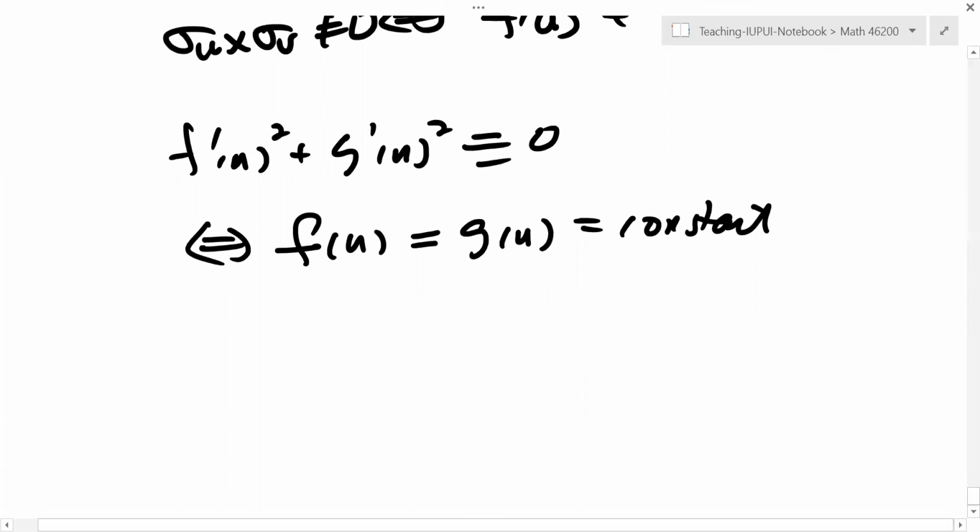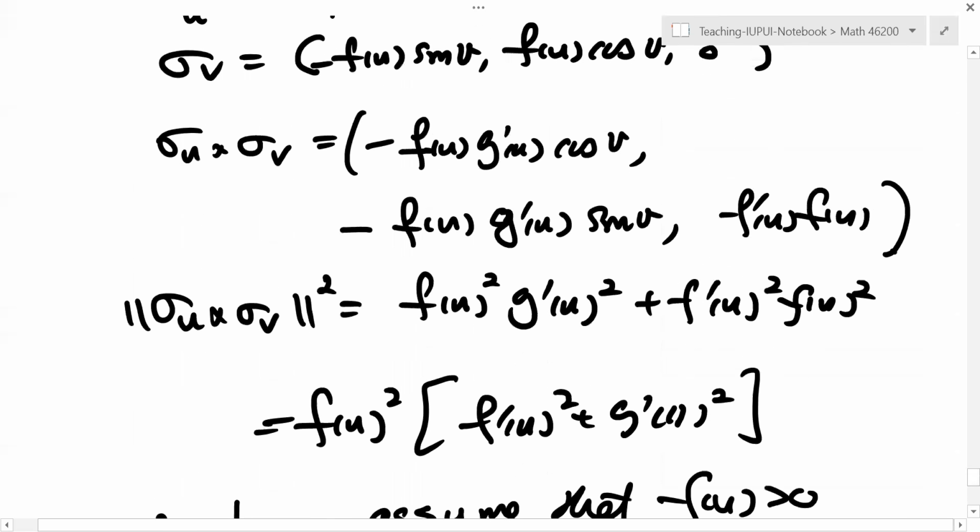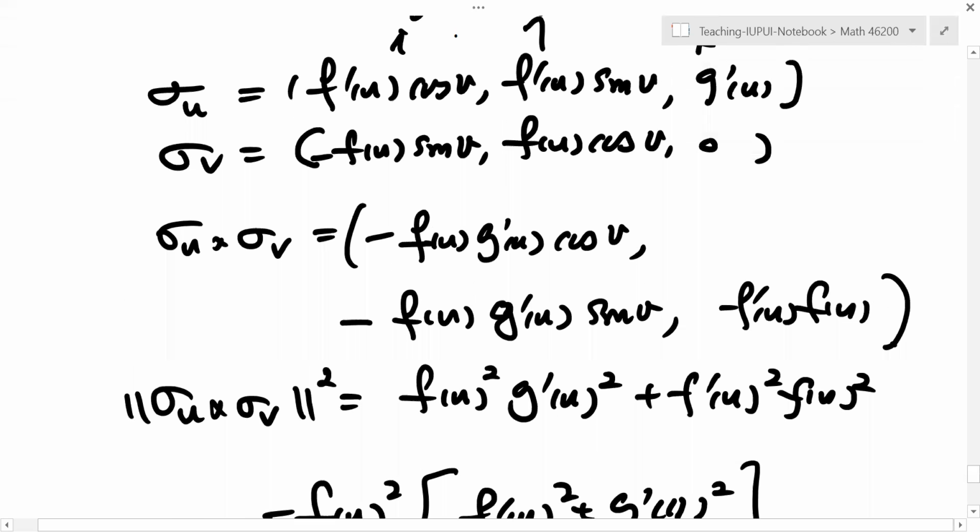How does that look? Let me go back. Did I make computation mistakes?